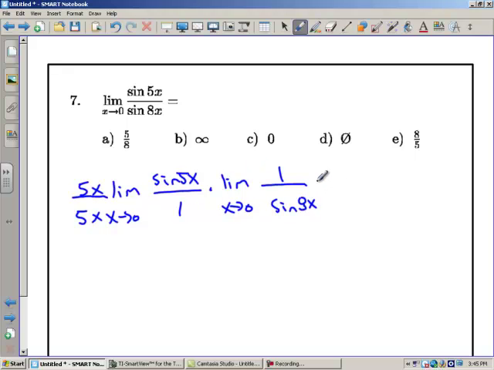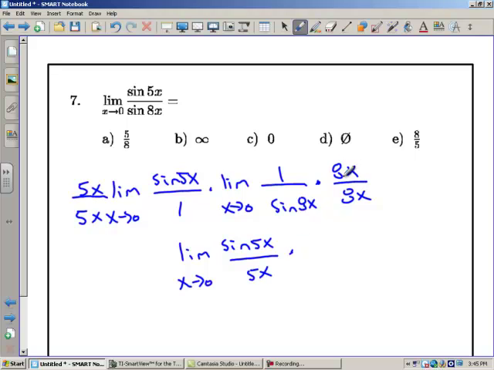Okay, and then over here, what do you think I'm going to do? Well, I'm going to multiply by 8x over 8x. See that? So let's see what we can do. This 5x I want to come in here in the bottom so that I have that matching up. A little matchy-matchy game. So I'll have the sine of 5x over 5x.